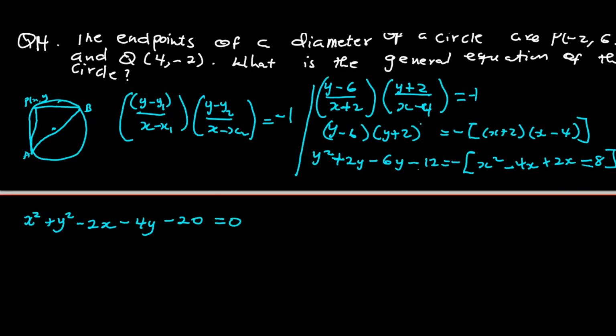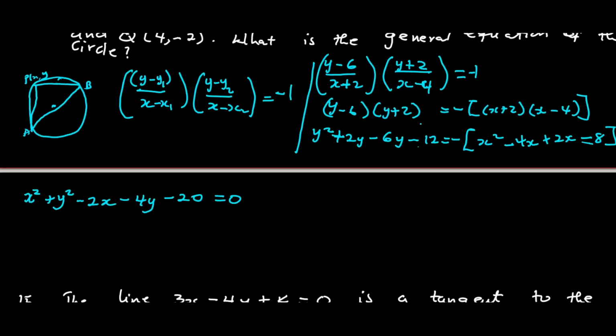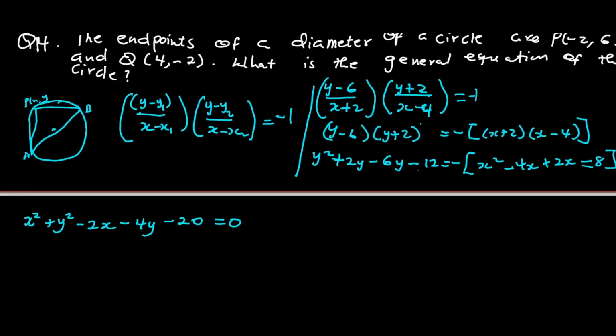So this is one way we can find the equation of the circle given the diameter. Another way is that we can choose to find the center of the diameter, that's the midpoint, and that will be the center of the circle.